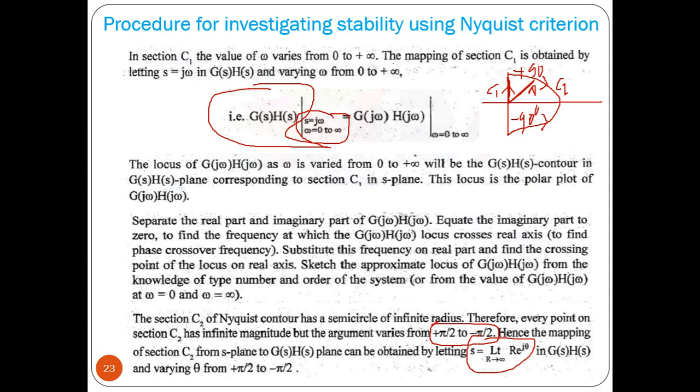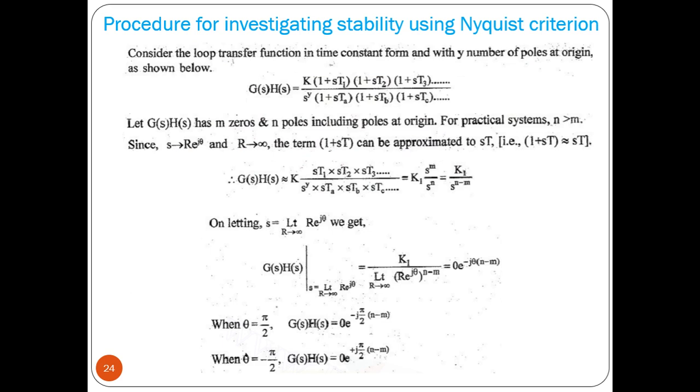Then if we put s equal to R e to the power j theta here, and R tends to infinity, then the 1 can be ignored with respect to infinity, so we can write it in this particular form. And if we put R equal to infinity here, something divided by infinity will be 0.